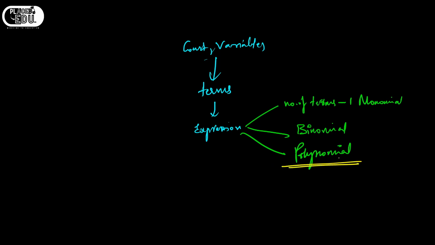I just gave you a brief introduction to polynomials. So what you have to keep in mind is that a polynomial is an expression which has more than 2 terms. Understood? So a polynomial will have certain parts.